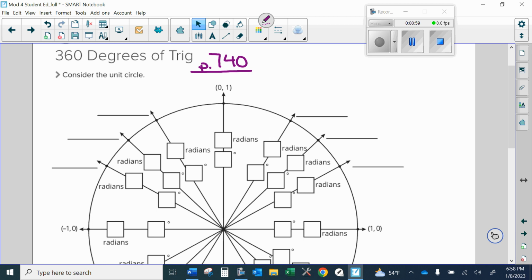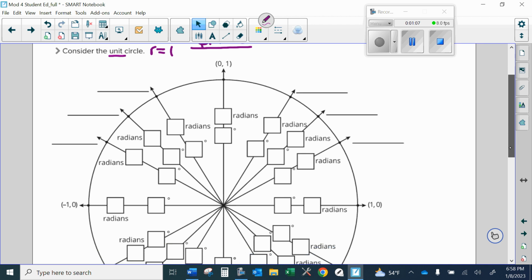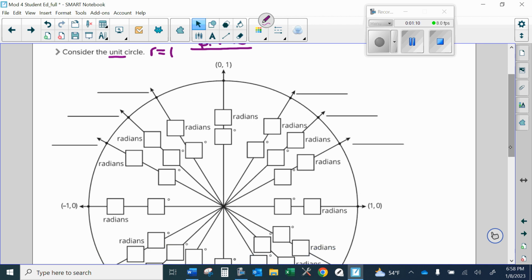Unit circle. Unit circle means the radius is 1. We got a circle with a radius of 1. So unit means 1. You should remember from our degrees, we have right here 0 degrees, 90 degrees, 180 degrees. I can go ahead and fill them in right here.